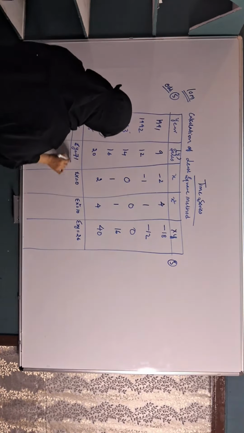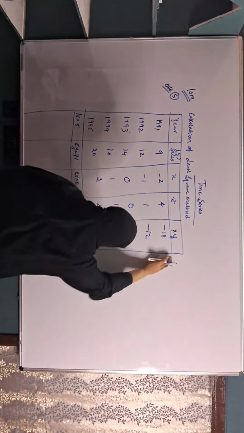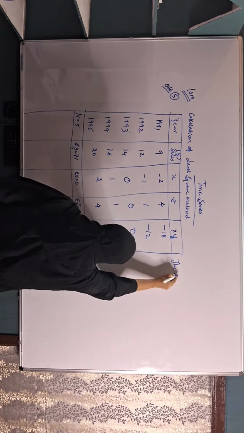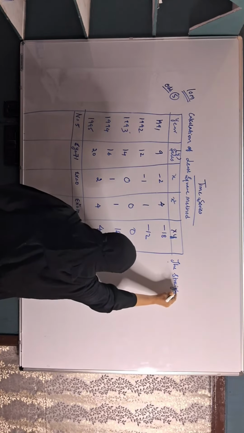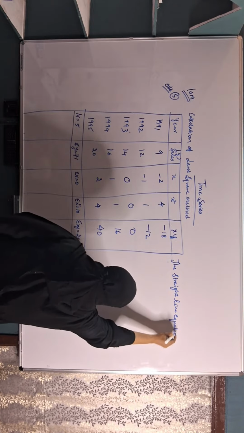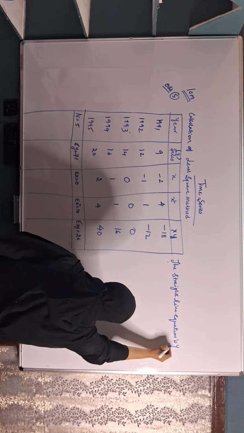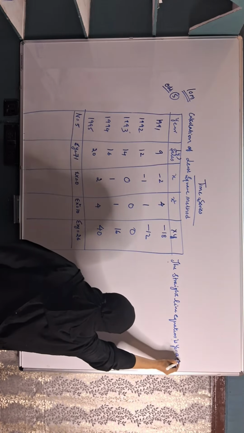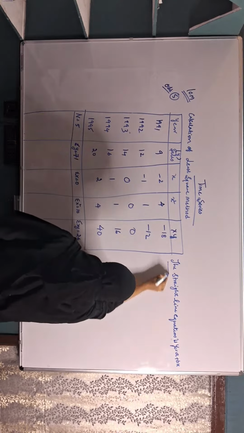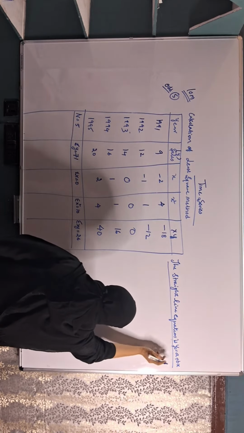Now see here, according to the straight line method, the straight line equation is YC is equal to A plus BX. This is the formula. YC is equal to A plus BX.